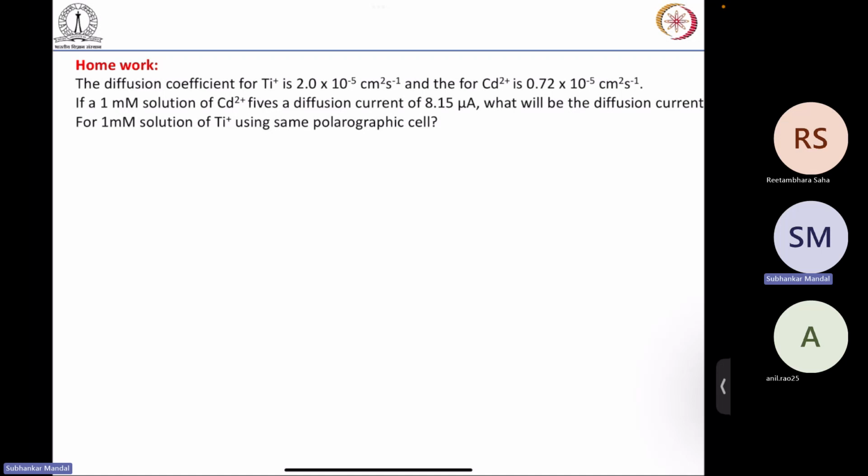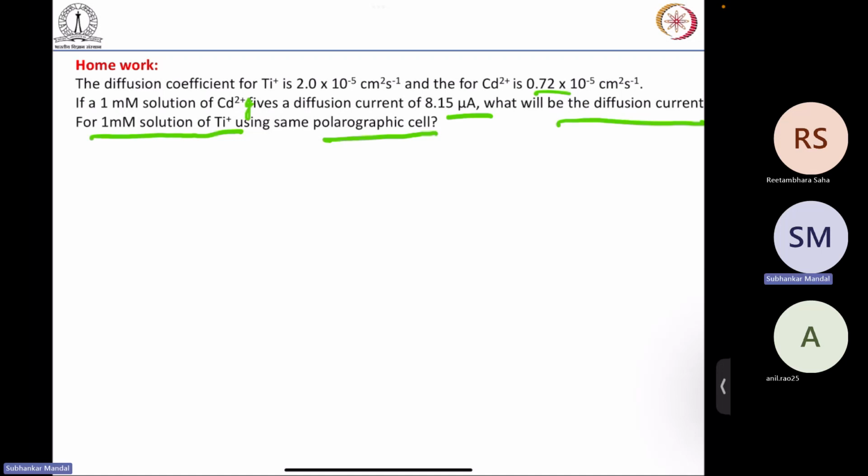Both have been given the diffusion coefficient. Now if a 1 molar solution of cadmium 2 plus gives a diffusion current of 8.15 microampere, what will be the diffusion current of 1 molar thallium plus using the same polarographic cell?